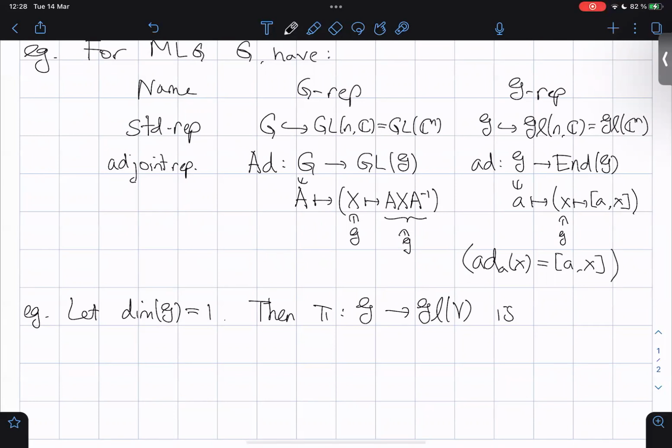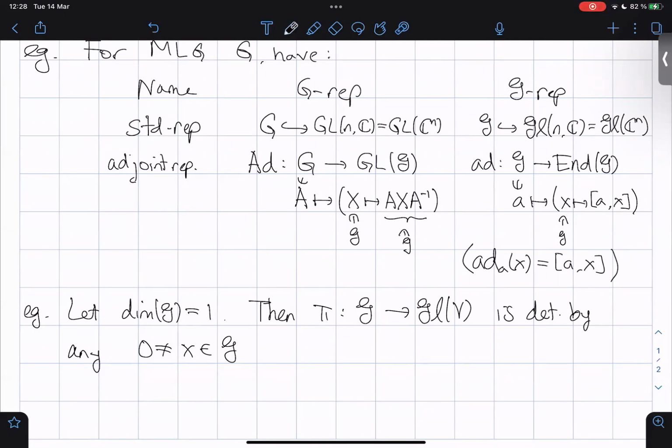This is determined by any non-zero element in the Lie algebra. In particular, this pi is a linear map. So if I know what pi of x is, I know what pi of any scaling of x is.